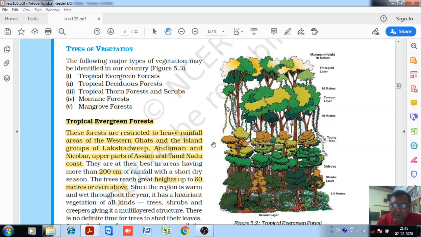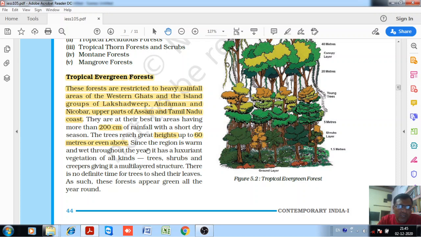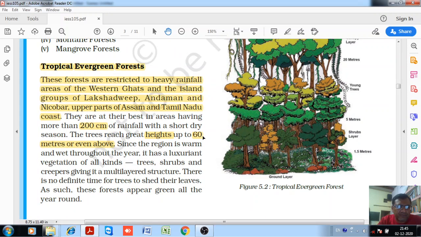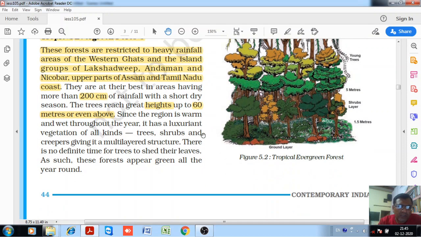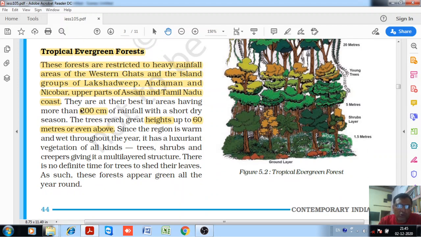These are the important factors behind the growth of different types of vegetation. So let's study in detail the different types of vegetation. Tropical evergreen forests receive 200 centimeter rainfall on an average. They can reach up to 60 meters of height and they are found in these regions. So these are the 3 important points you can write in your 3-mark questions.